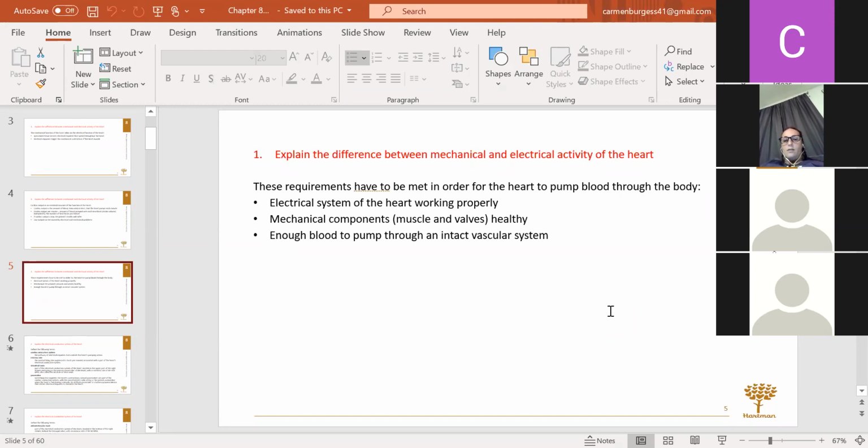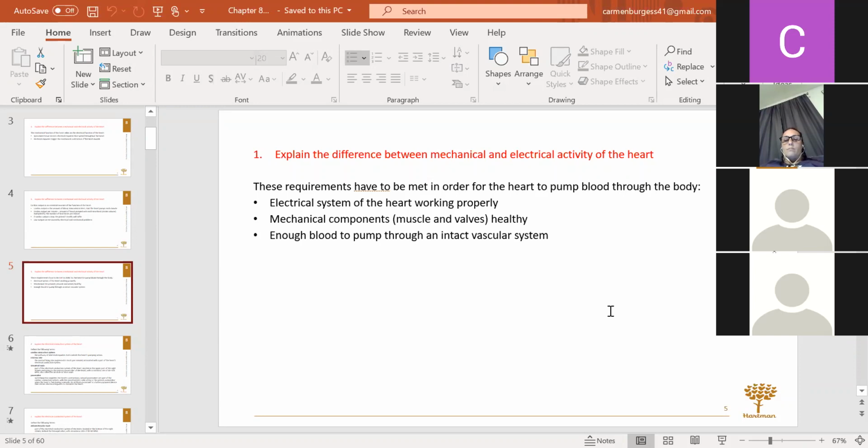No. Did the electrical part of my heart get messed up? No. But do I have enough blood volume to sustain life to the rest of my body? No. Because if I'm bleeding out, is the blood being pumped to my body? No.